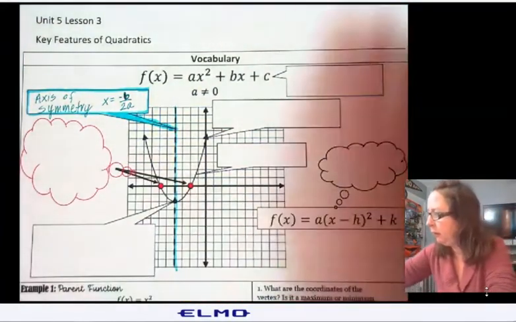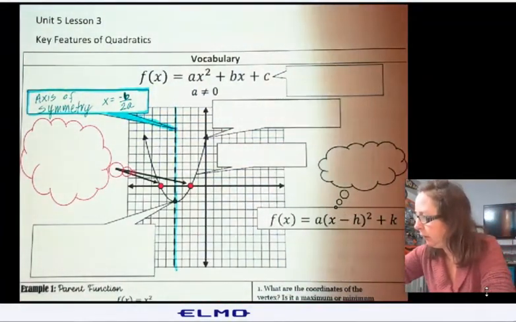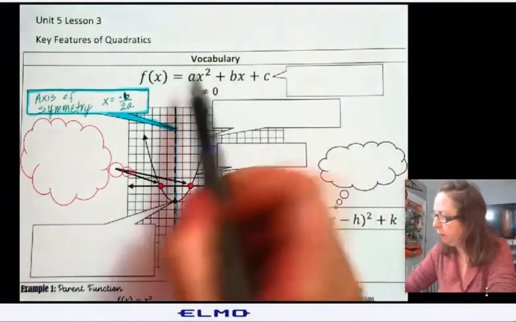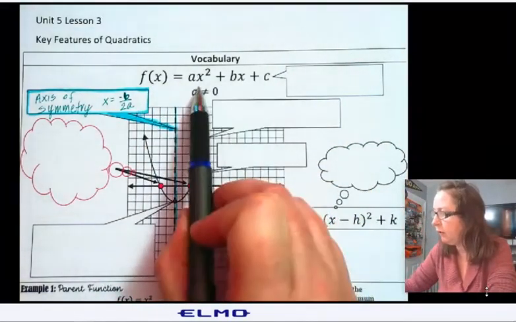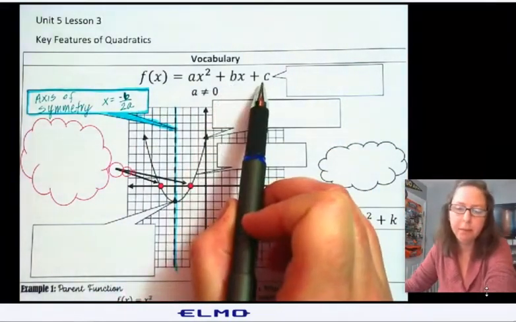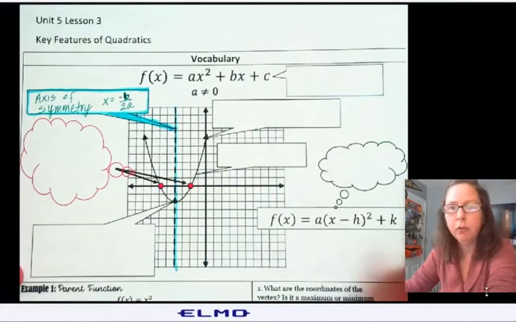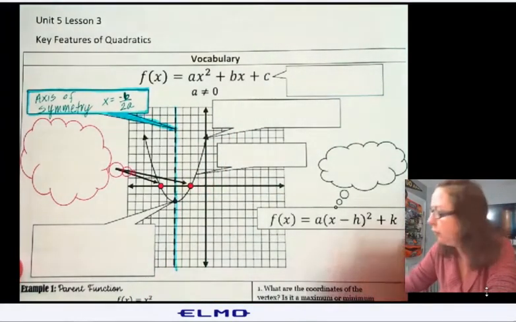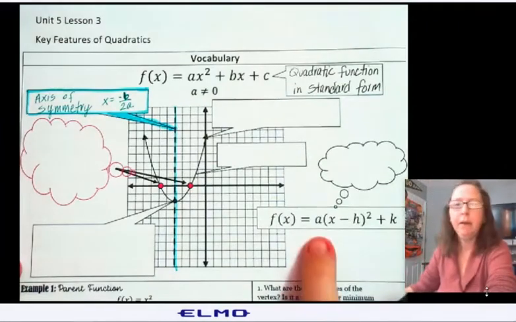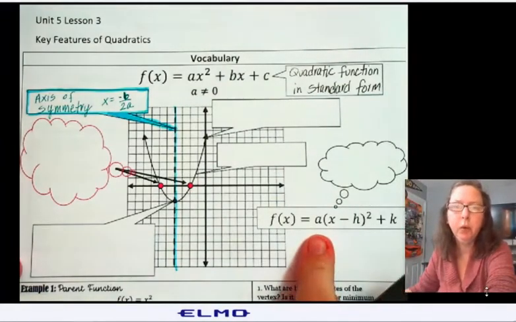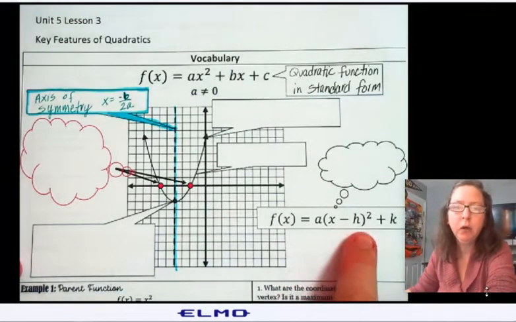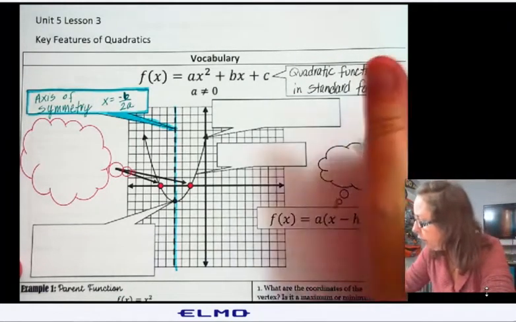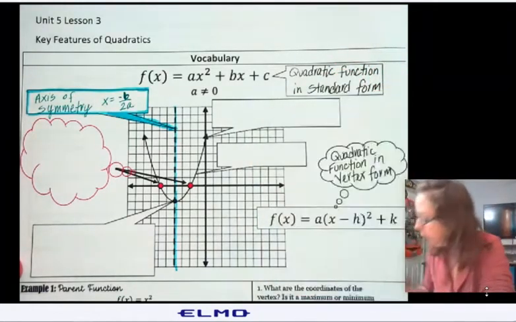Next, ax squared plus bx plus c is a quadratic function in standard form. And this equation down here is a quadratic function in vertex form.